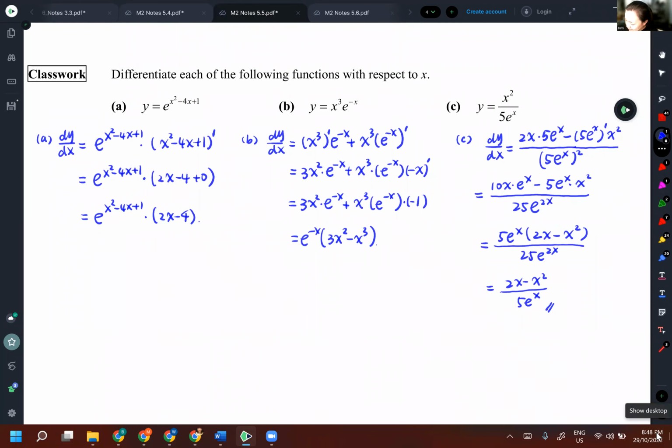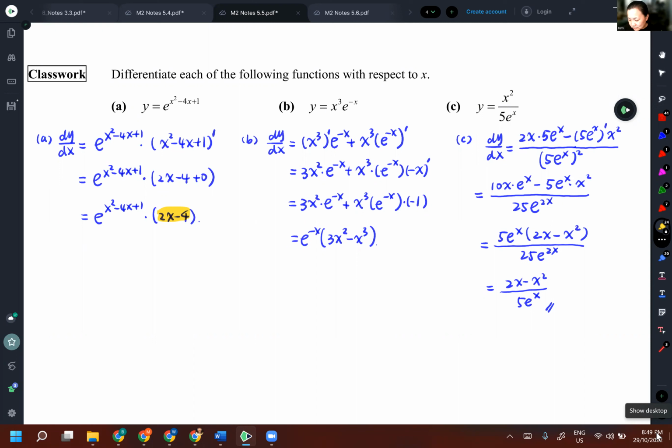This is my answer, girls. Please check yourself. Part A, my answer is the same as Cassandra's answer. It's this polynomial multiplied by the original function. I think it's simpler for this one, part A. Part B, it's a product rule, right? It's a product rule.